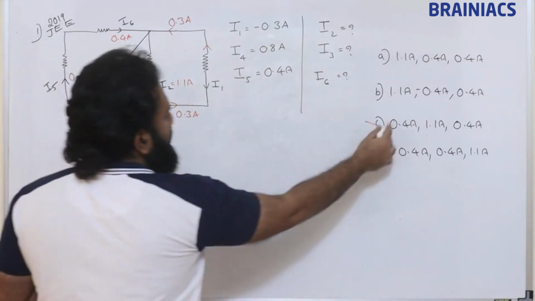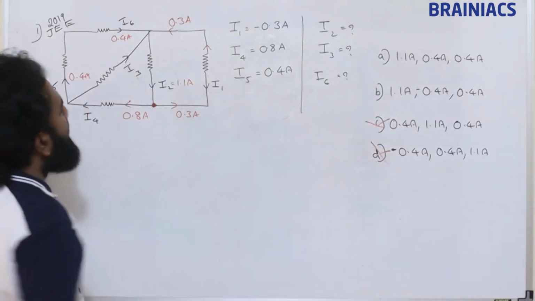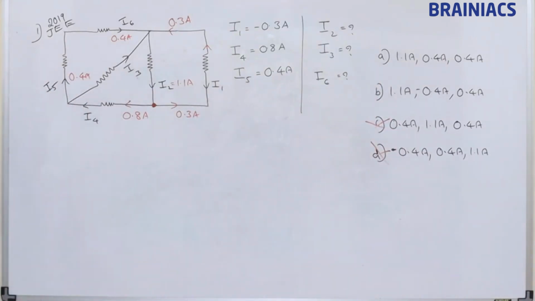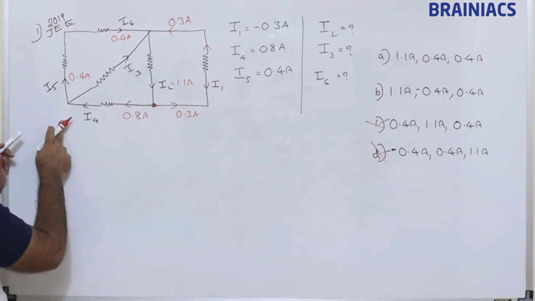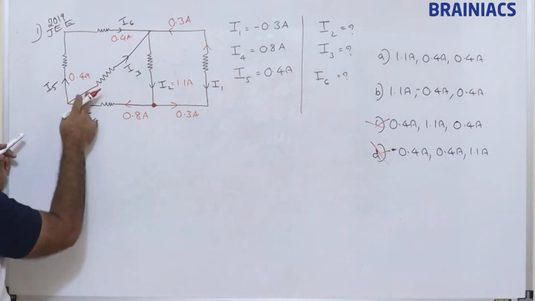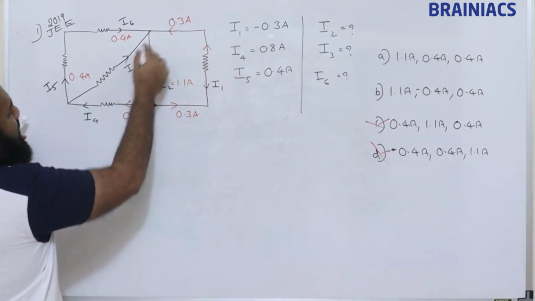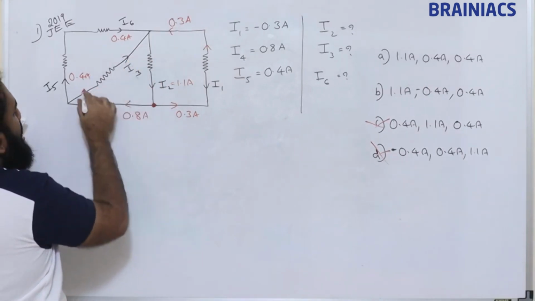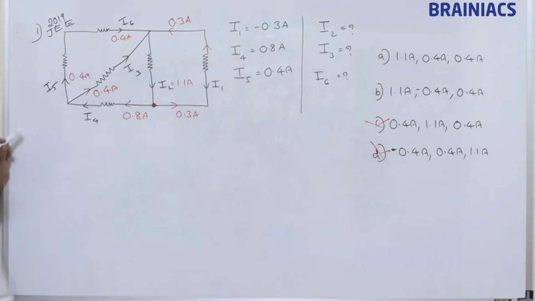So this option is gone. Now next we can find I3. This is I3. 0.8 is coming here, 0.4 has gone here. So definitely what must be entering here is 0.4 ampere.